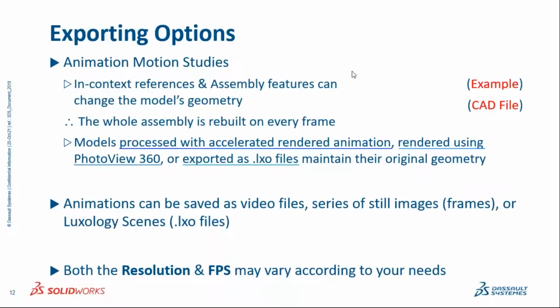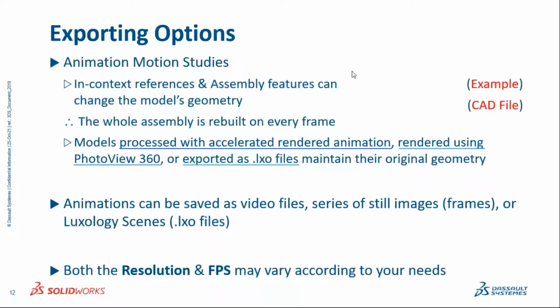So if I make an animation, but it's processed with accelerated rendered animation, which is an option in the export options, or if I render it with PhotoView 360, which is a built-in add-on for SolidWorks that renders the models like a step-down version from SolidWorks Visualize, or if I even export it as LXO files or Luxology scenes, anything of these three will actually maintain the original geometry.